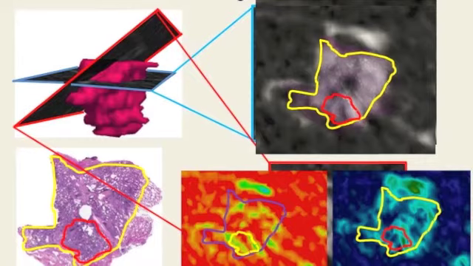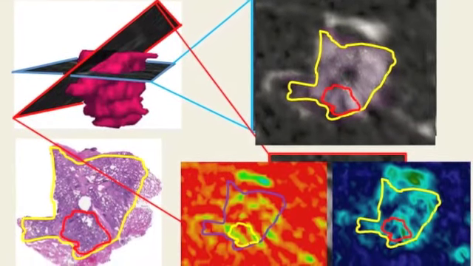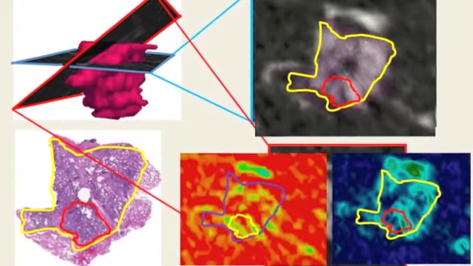What we then did was create a histological reconstruction of the individual pathology slices in 3D, and then did a 3D registration between the reconstructed histopathology and the preoperative CT, and that allowed us to now map the in situ and invasive compartments onto the CT, and therefore tease out what are the texture features that can separate out the in situ compartments from the invasive compartments and move towards quantifying on the CT alone the extent of invasion.